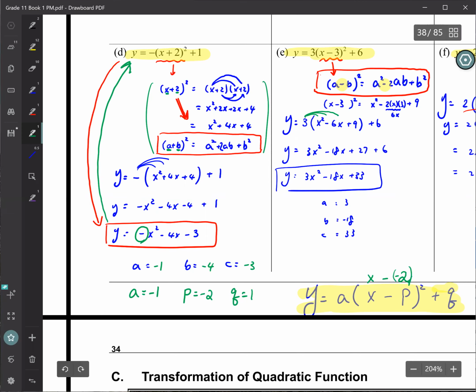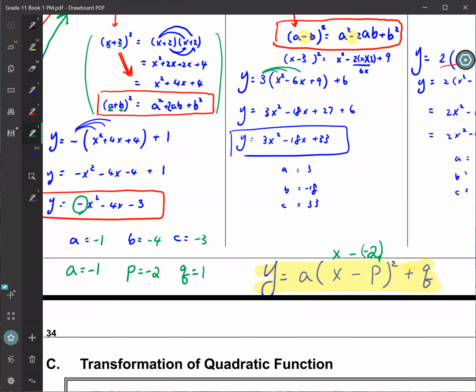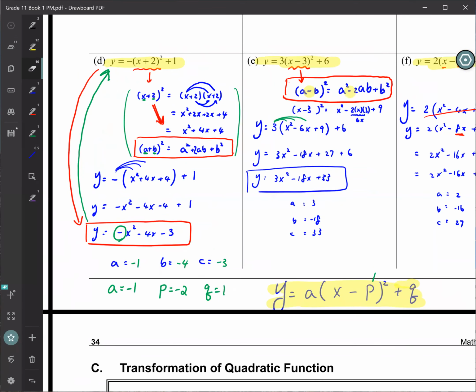Actually the a and q are the easy ones. a is before the brackets. Whatever you see in front is the a. And q is after the brackets, so if you see a +1, then q is 1. The tricky one is the one that Angela did, the one inside the bracket, because the p has to be after the minus.